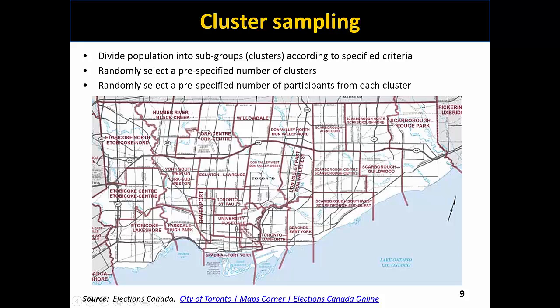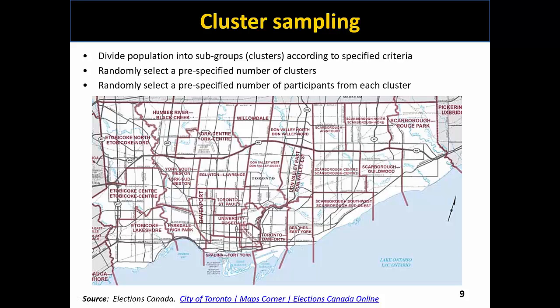And so this is an image of the federal political ridings in the Toronto area. And so we see that the ridings are broken up based upon geographical location in Toronto: Humber Black Creek, Etobicoke Lakeshore, Beaches, East York, and so on and so forth.